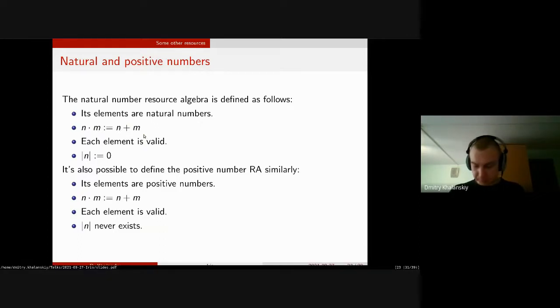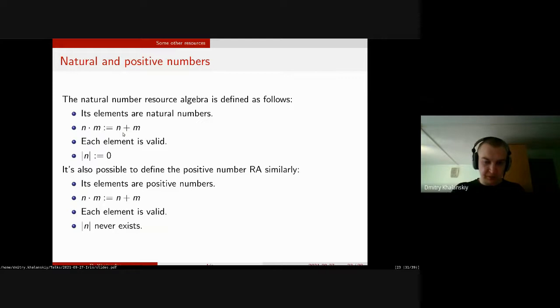And if we recall the notion of frame preserving updates, then we can see that, in fact, allocating new values under the same resource name is perfectly valid.